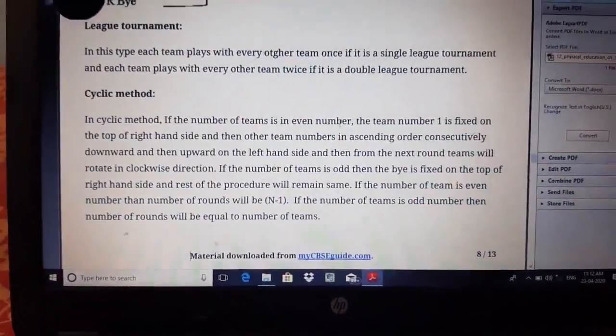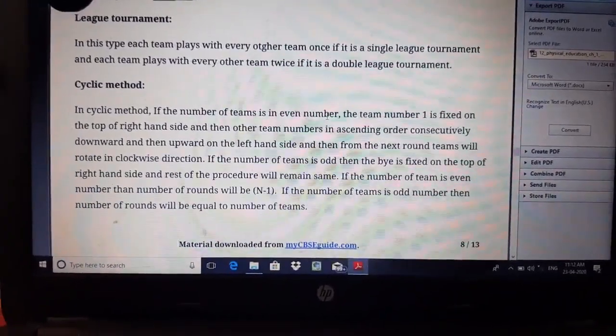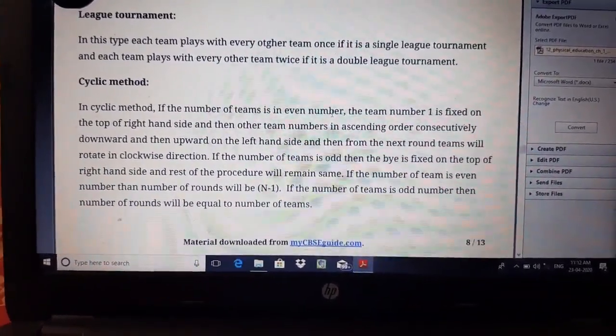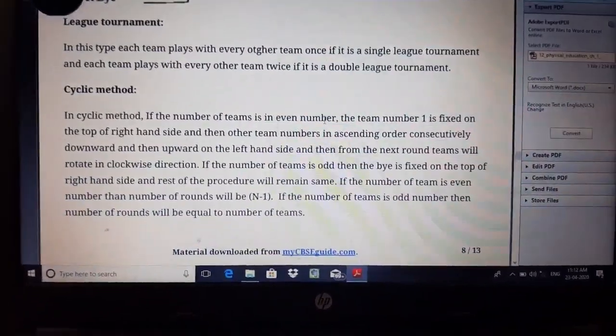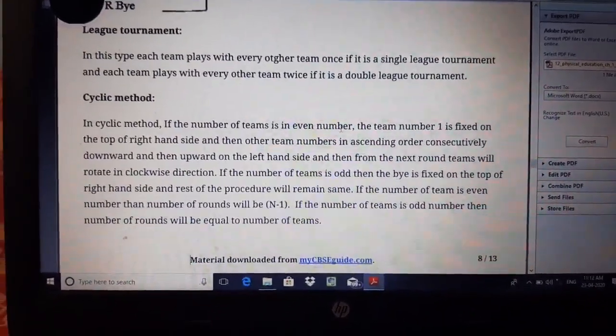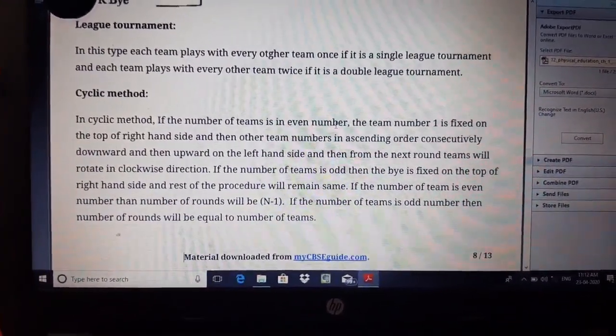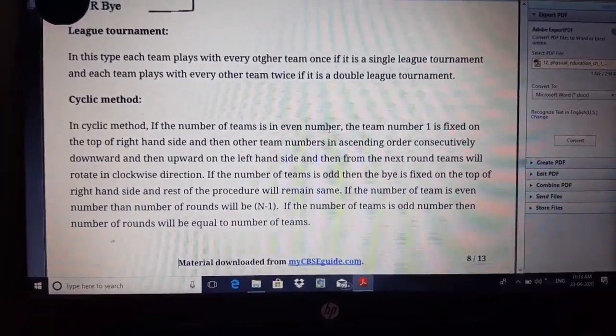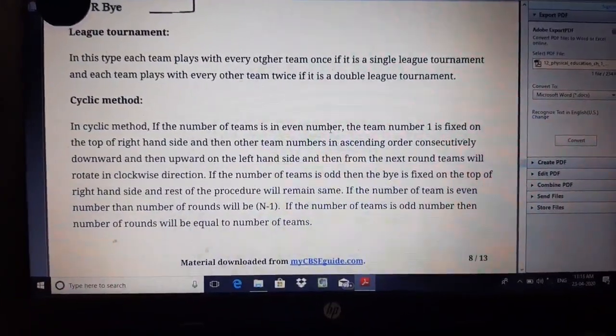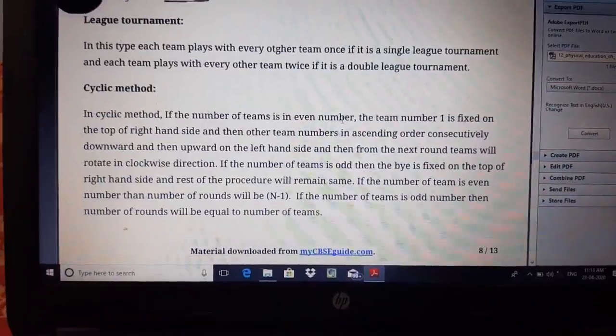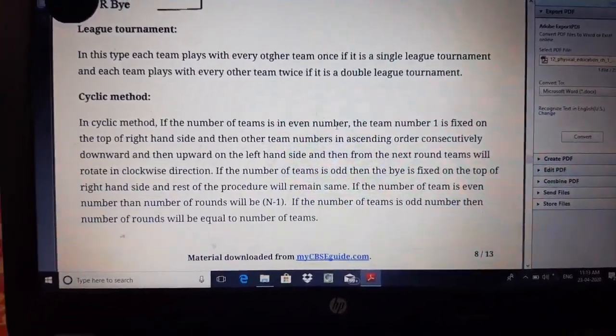Cyclic method: if the number of teams is an even number, team number 1 is fixed on the top right-hand side, and then the other team numbers are in ascending order. This is a bit confusing for you, I know. Once we are in the practical class, within a minute you will understand all these things, so leave it for that.